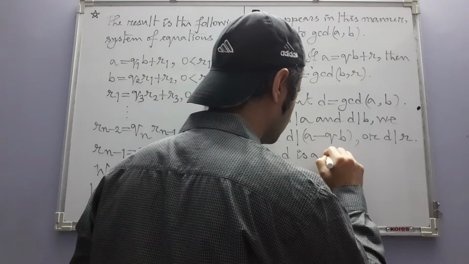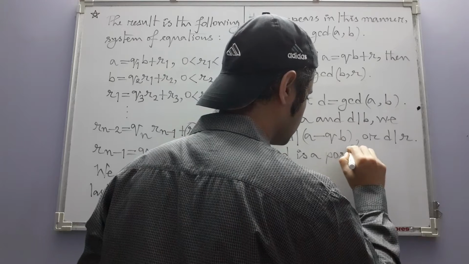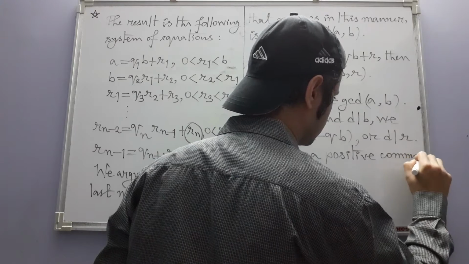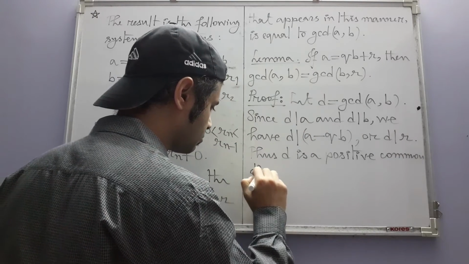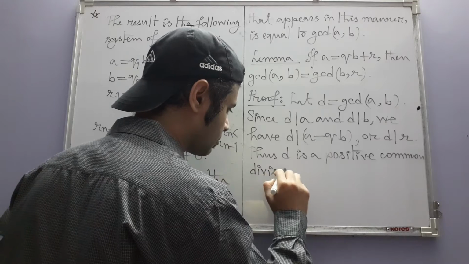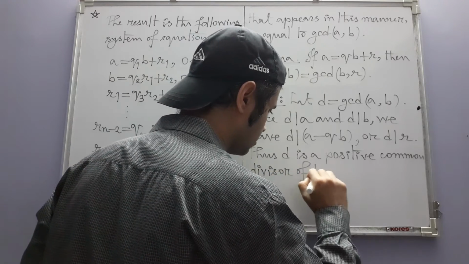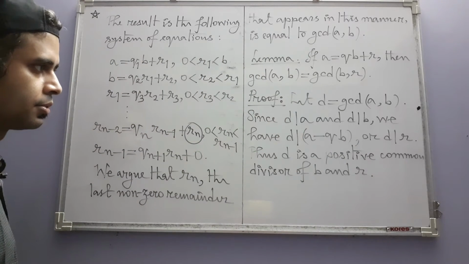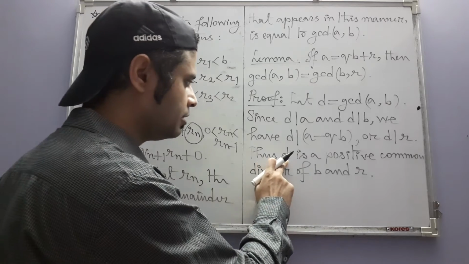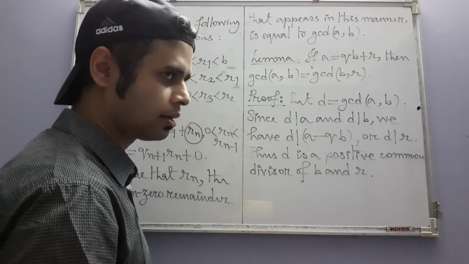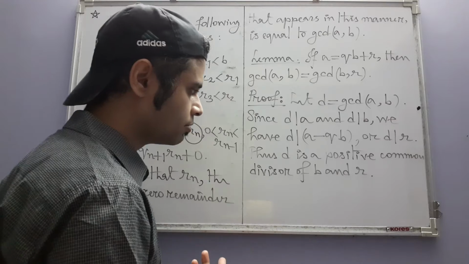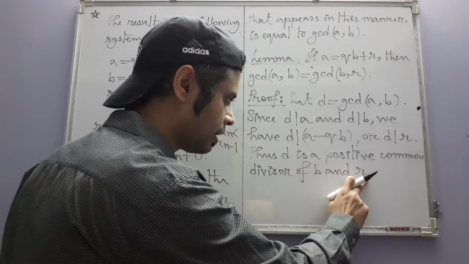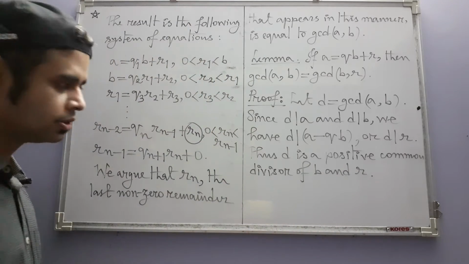So D is a positive common divisor of B and R. Our aim is to show that D is equal to the GCD of B and R. So for that to be true, next we will show that any common divisor of B and R is less than or equal to D.